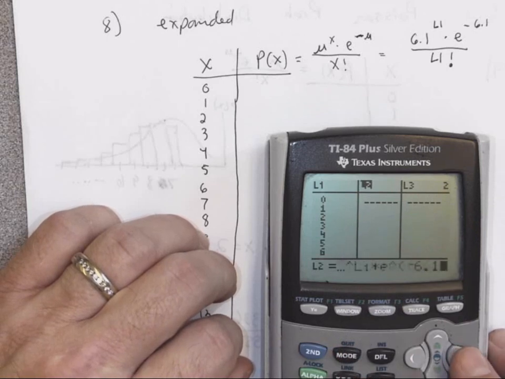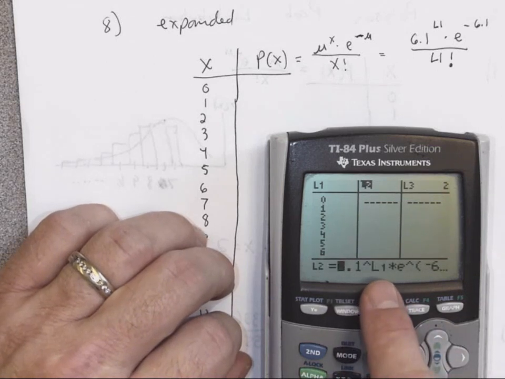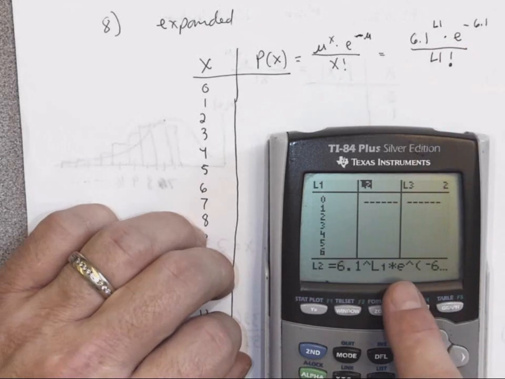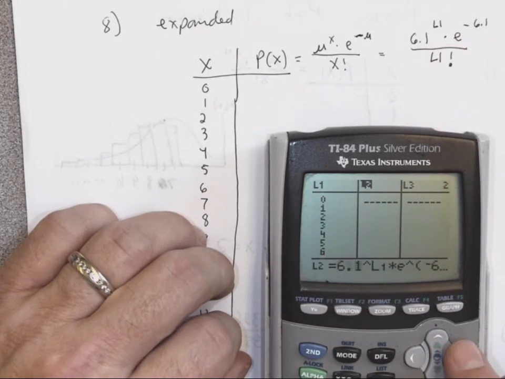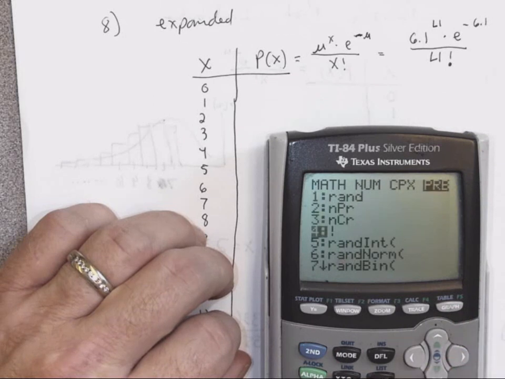Let me make sure I say this again because it wasn't clear. So remember, it's 6.1 raised to the L1, which is what we have here. Then it's going to be e to the minus 6.1. And then after we're done putting this in, I'm going to divide by L1 factorial. So second L1, and then I'm going to go to math, go over to probability, and pop in factorial.